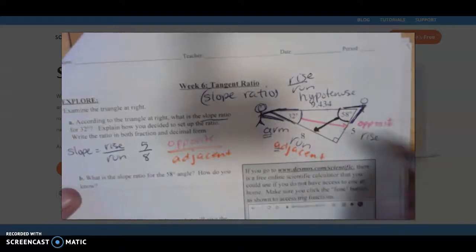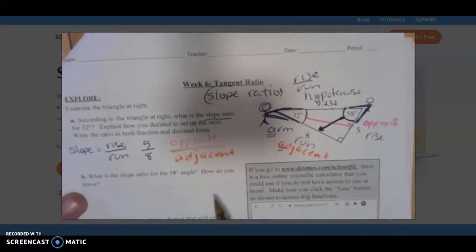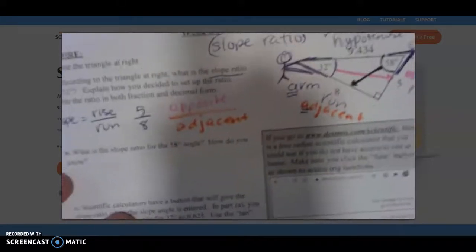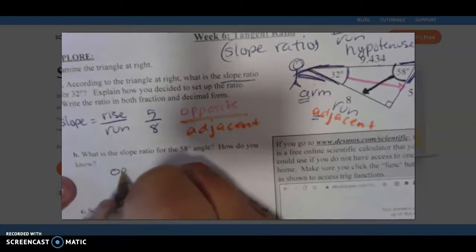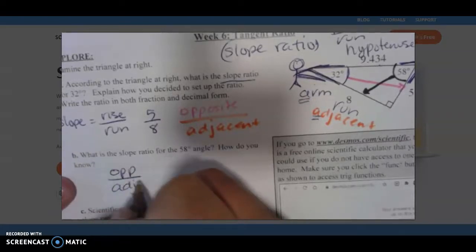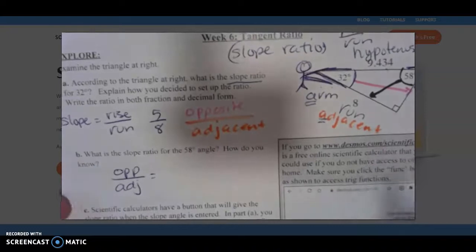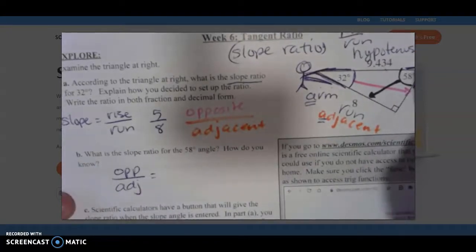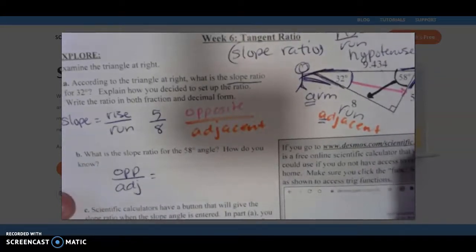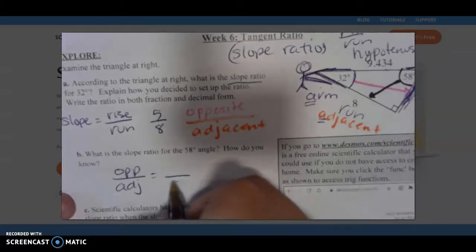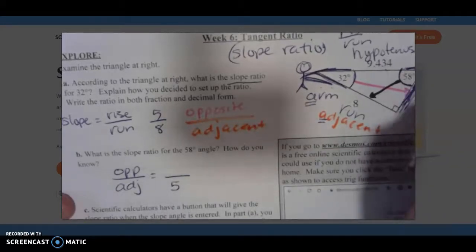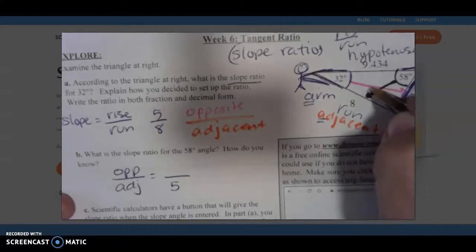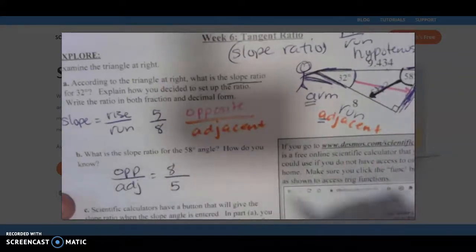So if I were to redo this and I say what is the slope for the ratio of 58 degrees, and I'm going to do opposite over adjacent, now my perspective is from the 58. Well, if this is my 58, now my 5 is where the arm is touching here, so that's adjacent, A for arm, adjacent, and then this side right here becomes my opposite, so 8 over 5.